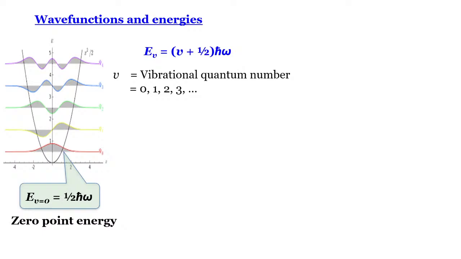We told you that the energy expression for the vth vibrational level is E_v equal to (v plus half) h cross nu. So the lowest vibrational level, v equal to 0, has a non-zero energy, called the zero point energy, given by half h cross omega. And this omega, of course, is the angular frequency of vibration.